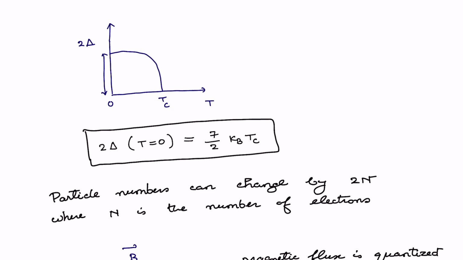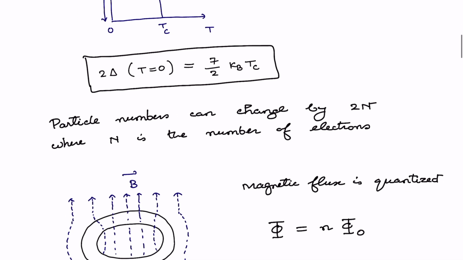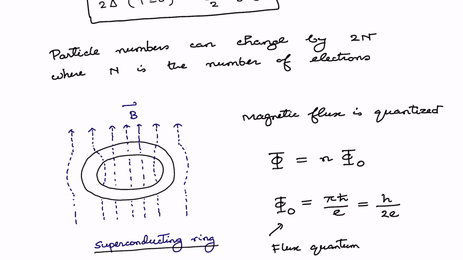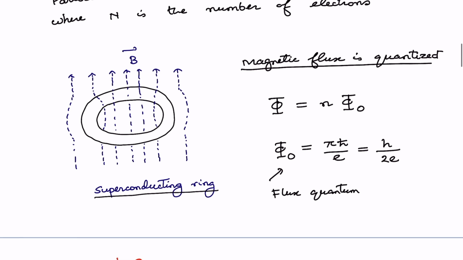We also learned, and it is obvious, that the particle number can change in a superconductor by 2n, where n is the number of electrons. And in the context of a superconducting ring, we learned that the magnetic flux is quantized, and is an integral multiple of the so-called flux quantum Φ0.